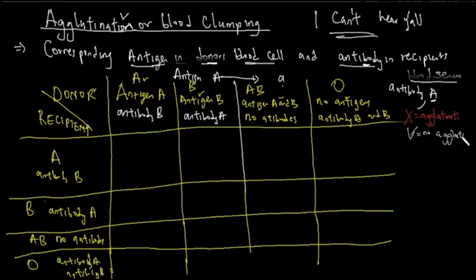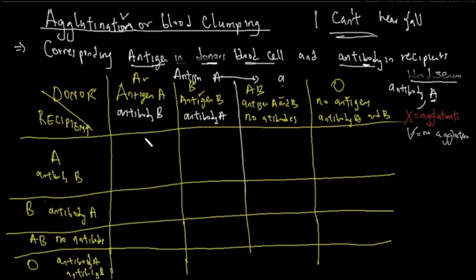Good, no agglutination. When there is no agglutination, it means you can transfuse blood. Because agglutination, the clustering of blood, is a bad thing. So when you have no agglutination, it is a good thing, which means you can transfuse blood. Okay, let's get to it.